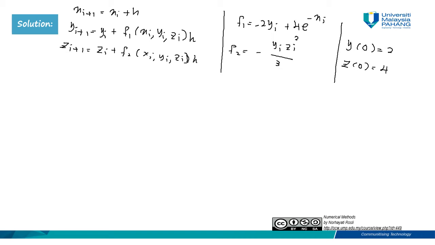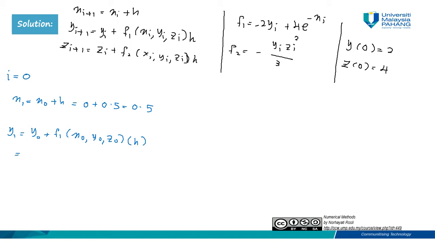So when i is equal to 0, by using the first equation, we have x1 is equal to x0 plus h, that means 0 plus 0.5 equals 0.5. And then y1 is equal to y0 plus f1 of x0, y0, z0 multiplied with h. So what is our y0?